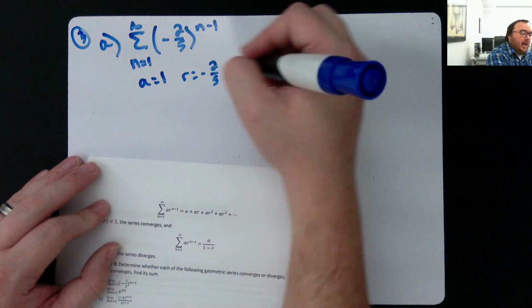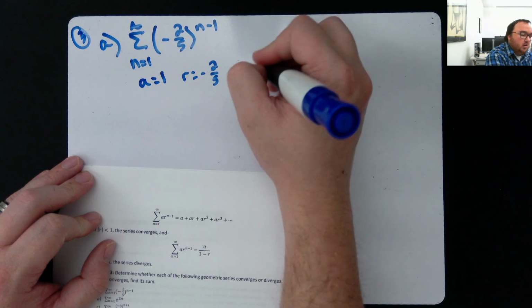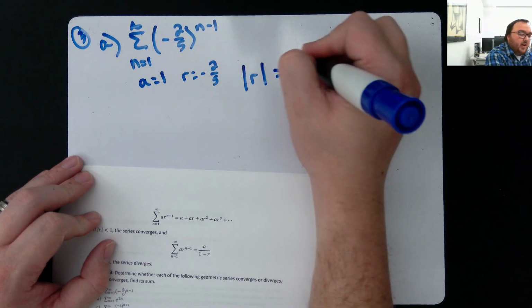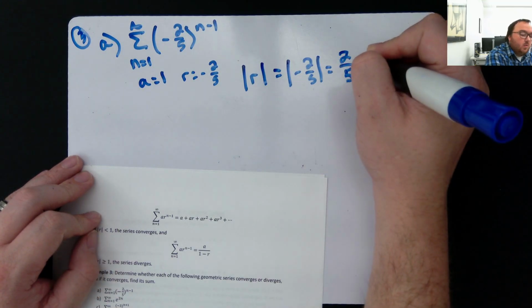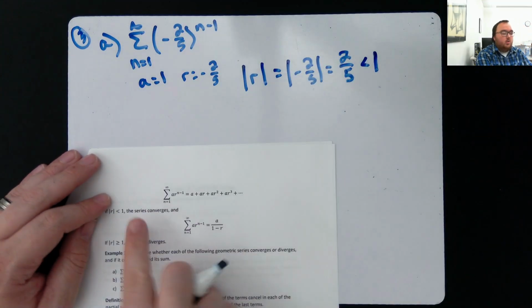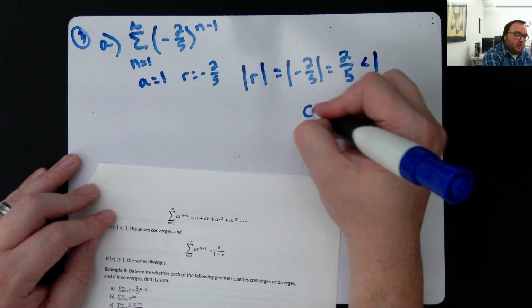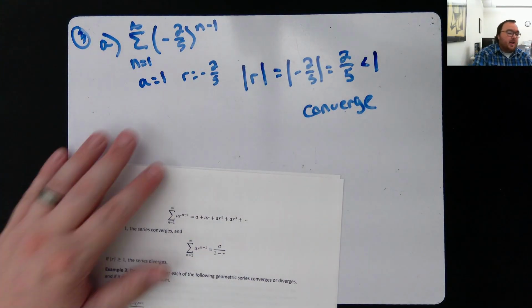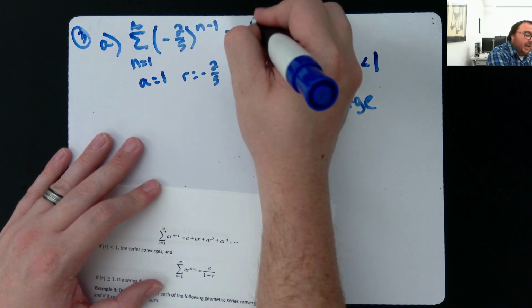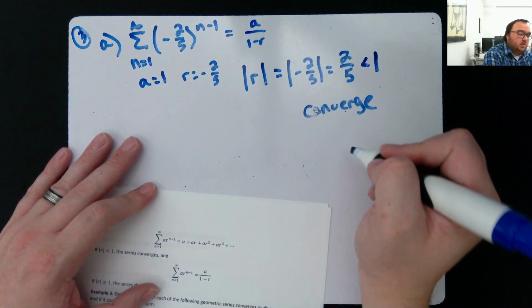So let's take the absolute value of r. That's going to be the absolute value of negative 2/5, which is just 2/5, which is less than 1, which is telling me this is going to converge. Not only that, but I know the sum is a over 1 minus r.